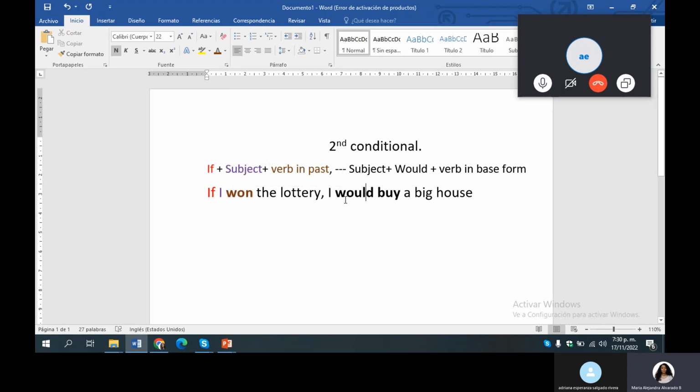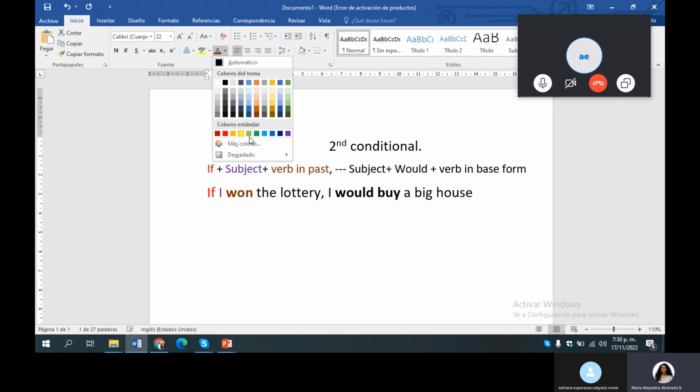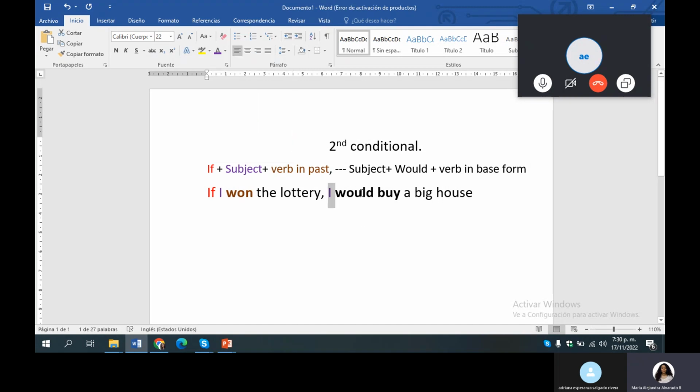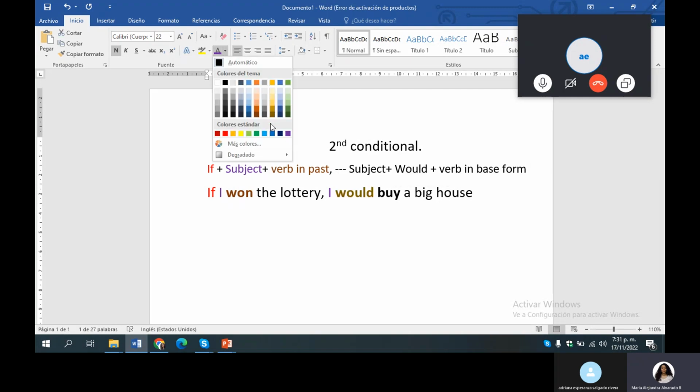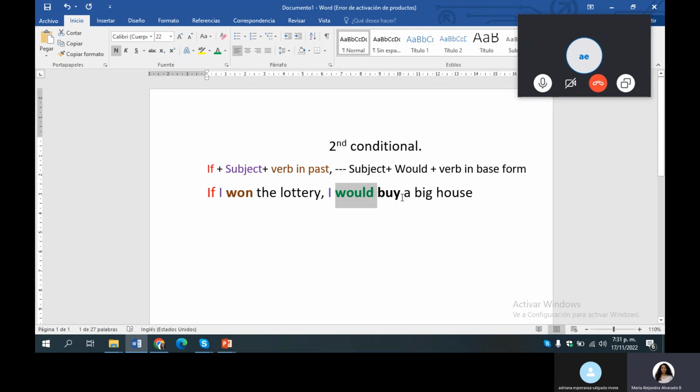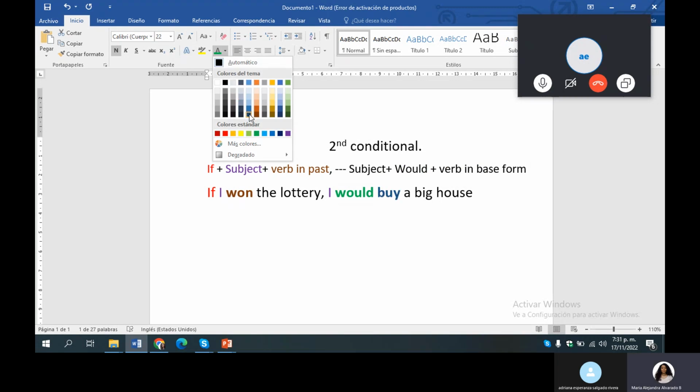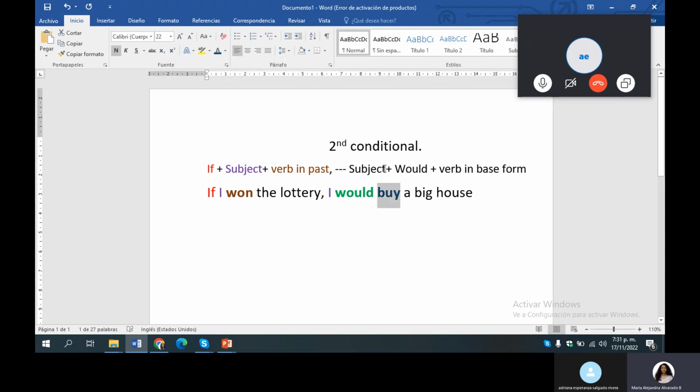All right. And here we have the other part, which is the subject, right? We have the would. And we have the verb in base form.